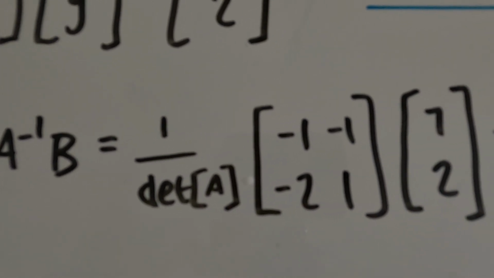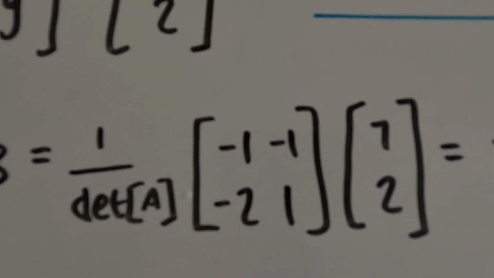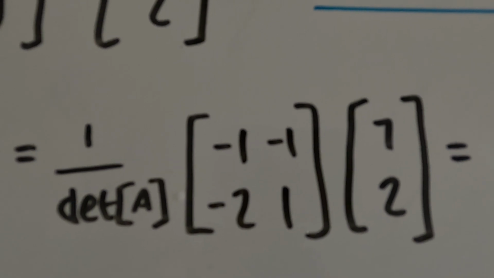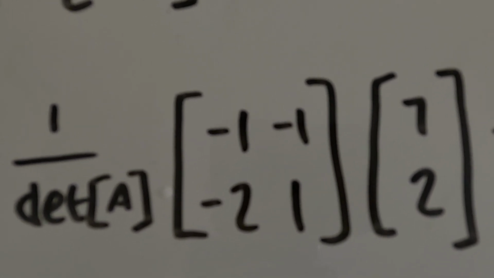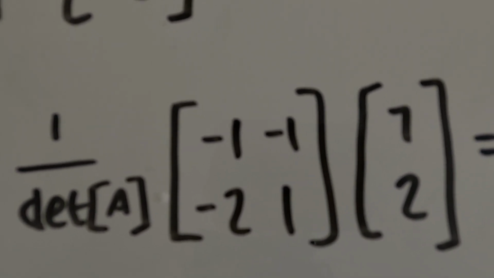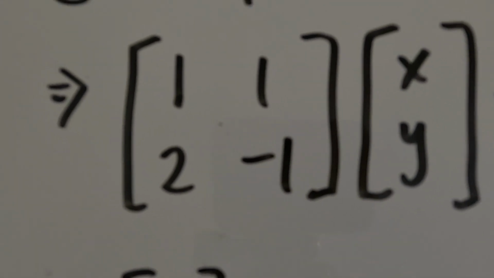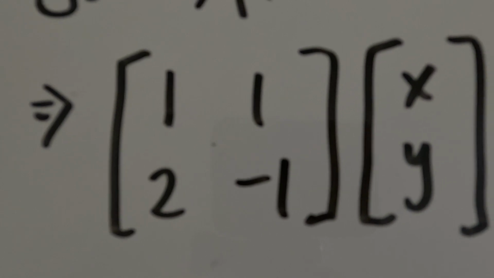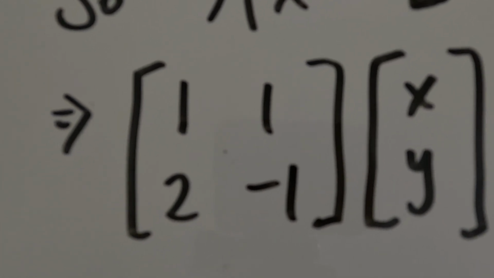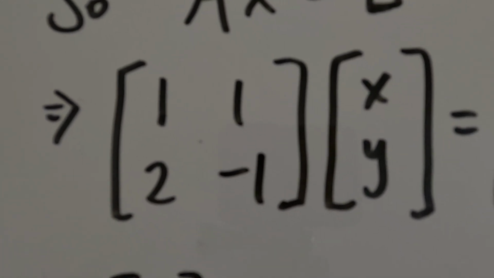So A inverse is 1 over the determinant of A. And then we need to change A slightly. We need to change the terms in the leading diagonal. So we swap the 1 and the minus 1, so that becomes minus 1, 1. And then we swap the 1 and the 2 on the other diagonal, so that becomes minus 2, minus 1.